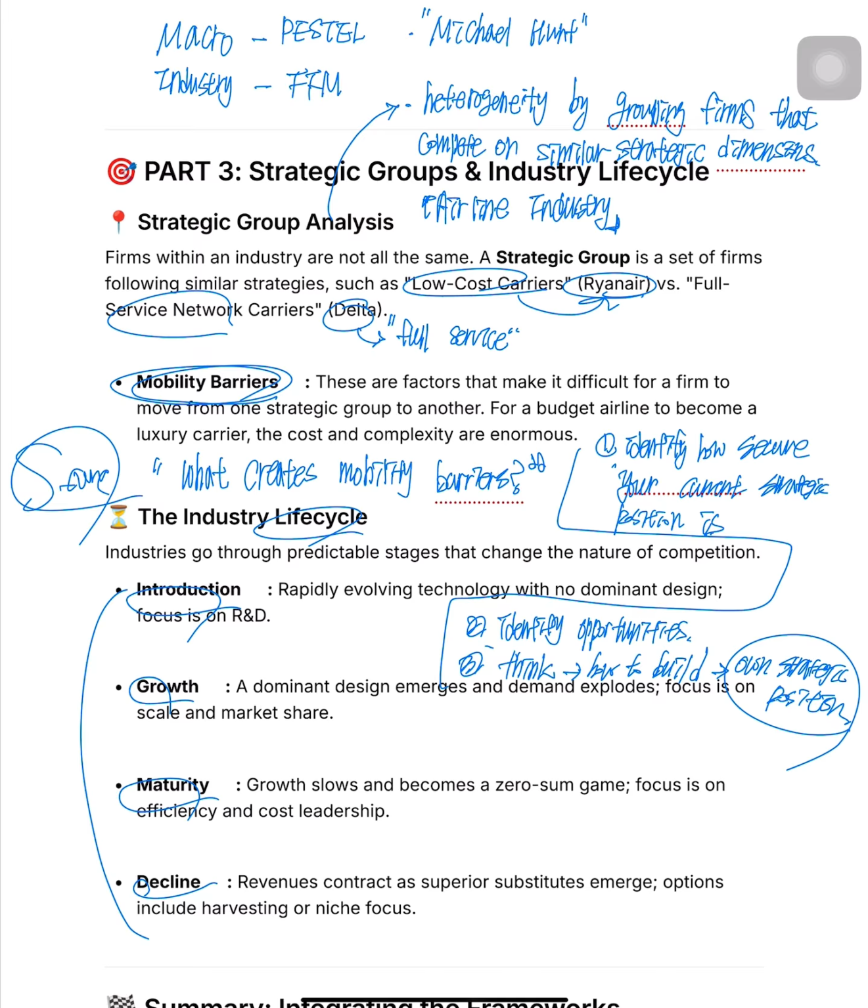In this stage, the industry is just being born. A new technology has been invented, or a new market need has been identified, and the first firms have begun commercializing it.